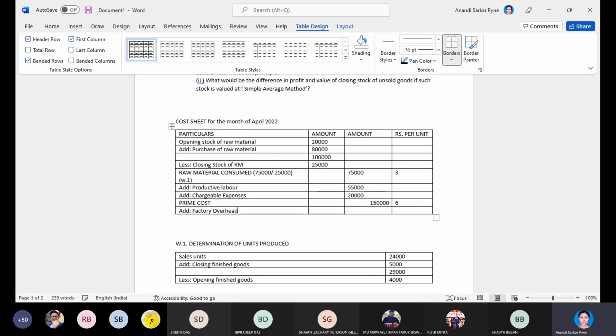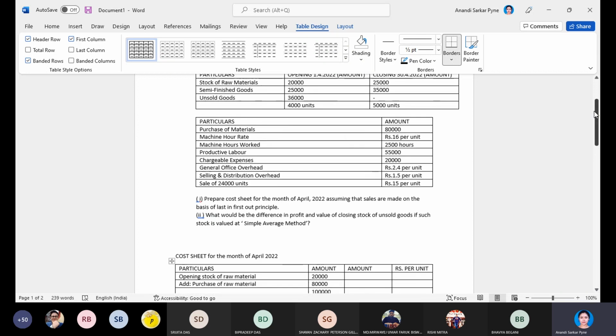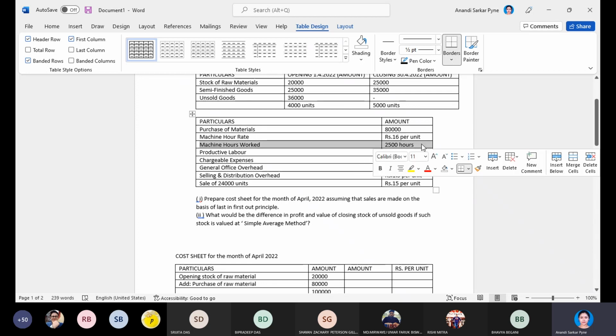Now we will add the factory overhead. As you can see, there is no direct information in relation to factory overhead, but what we have is machine hour rate, which is rupees 16, and machine hours worked, which is 2,500.